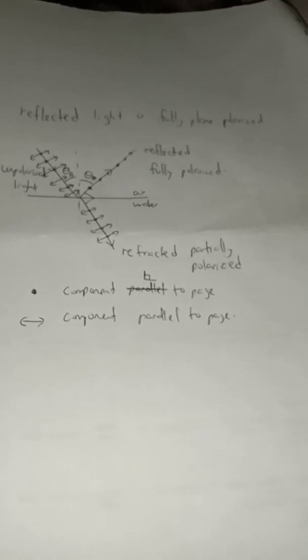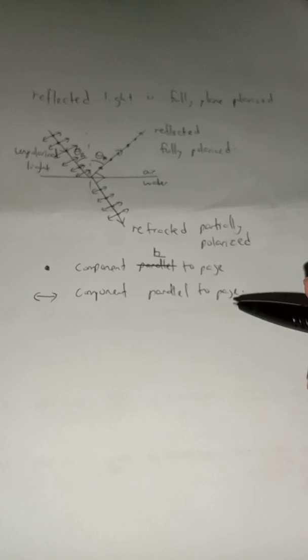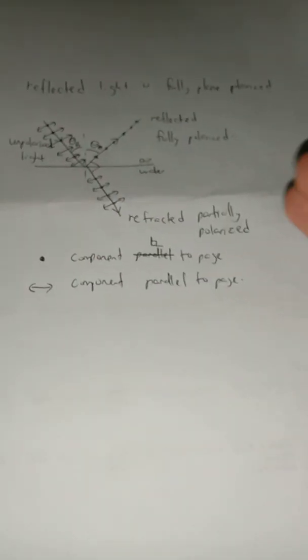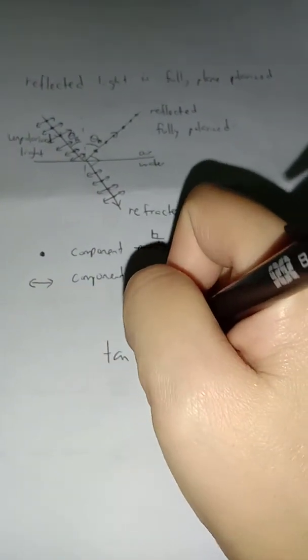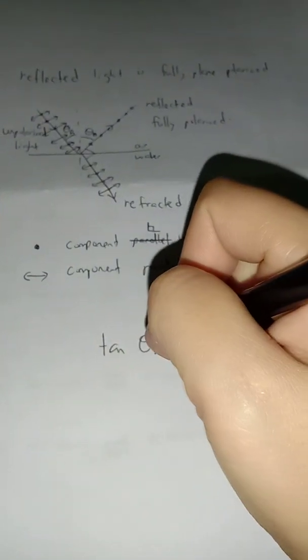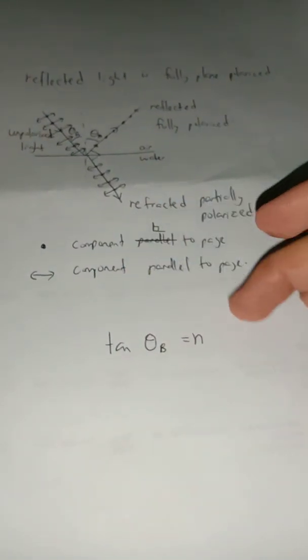Then to solve this problem, when we have Brewster's angle, the reflected light is fully plane polarized, so we have to use Brewster's law. Brewster's law is tan theta b, that means the tangent of Brewster's angle is equal to n, the refractive index.